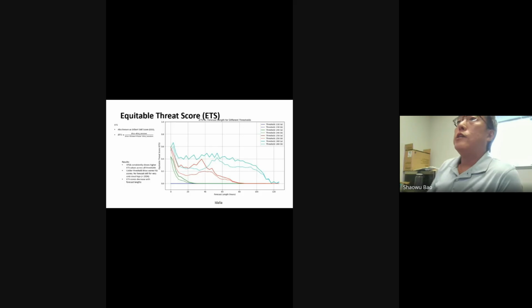Another thing we looked at is called the equitable threat score, ETS. The ETS is for different thresholds. We use the hits minus the expected hits, the random hits, divided by the hits plus the misses plus false alarms minus the random hits.